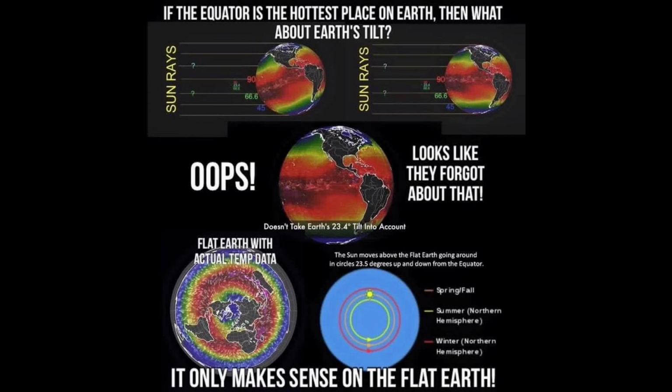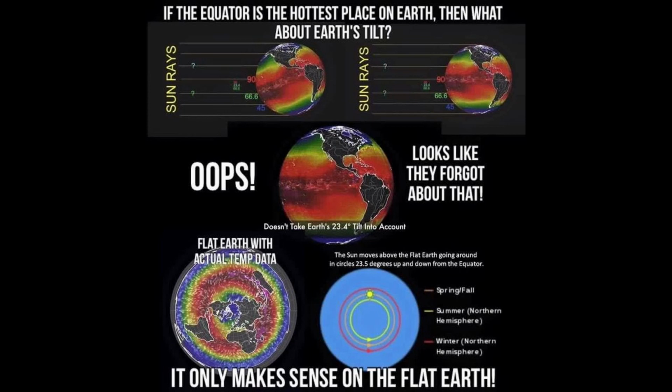So the 23.4 degree tilt is relative to the position of the sun. That would mean that the equator is not actually aimed directly at the sun.